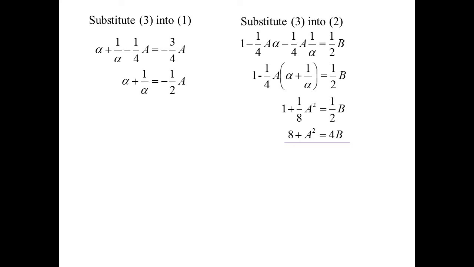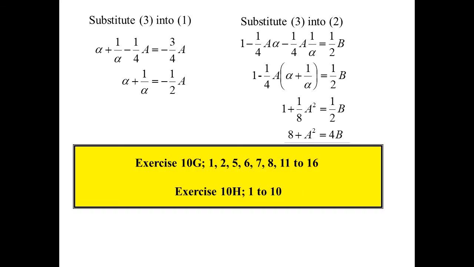If I factorise just that bit, I get alpha plus 1 on alpha, which we just said is minus 1/2 a, so I can sub that in. I have now gotten rid of the alphas, so I should be able to manipulate that to get the expression. A little bit of playing around with the algebra, and we come up with the expression they're looking for. So 10g, 10h we'll now look at.